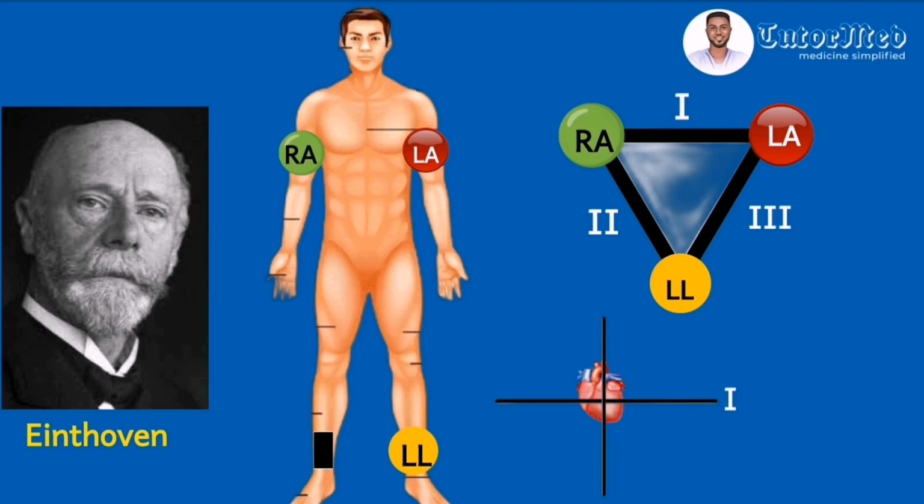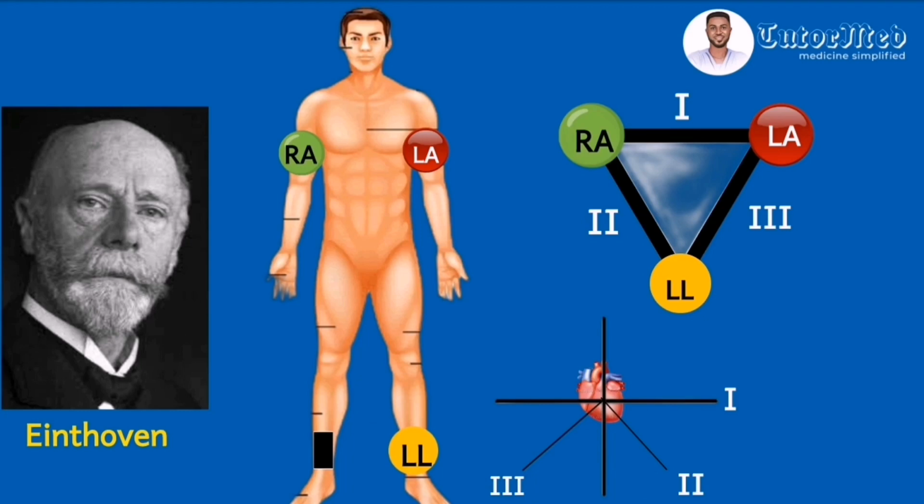Now, do you see lead 2's direction? Put lead 2 here, and it makes sense that lead 2 should be there because of its position on the Einthoven's triangle. And then put lead 3 here because look at the direction of lead 3 on the Einthoven's triangle.